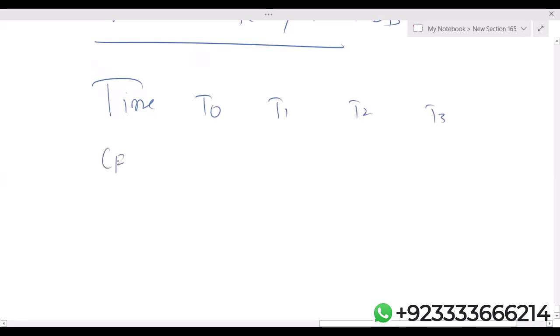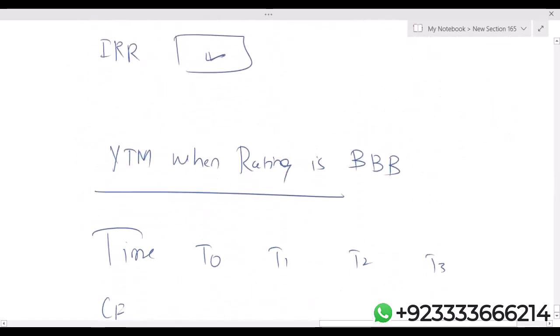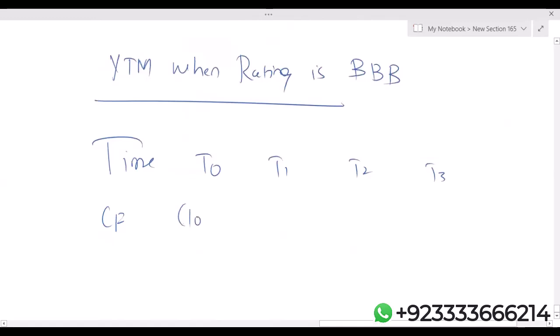Cash flows: 102.7 outflow at T0, then 8, 8 and 110. By using IRR, you will calculate YTM.